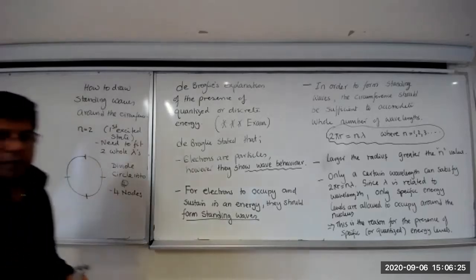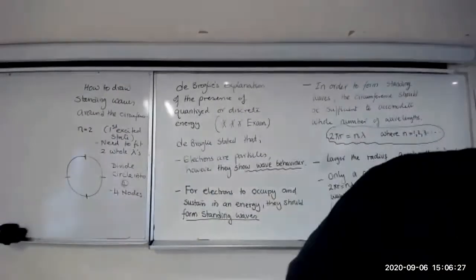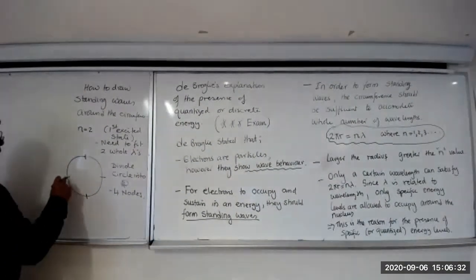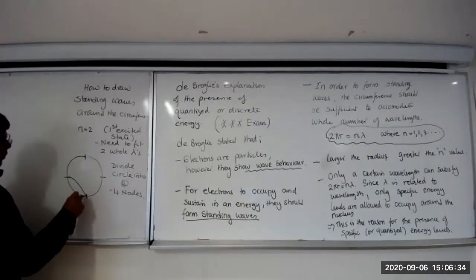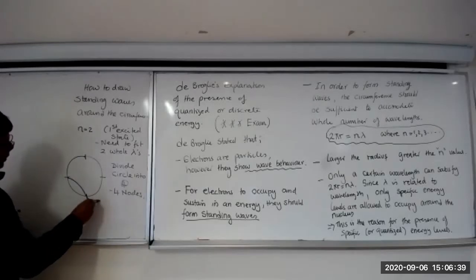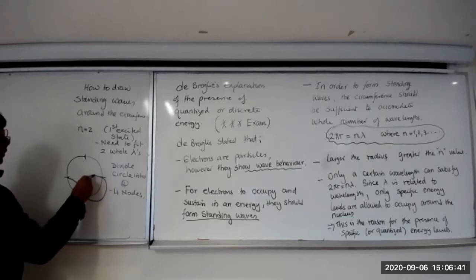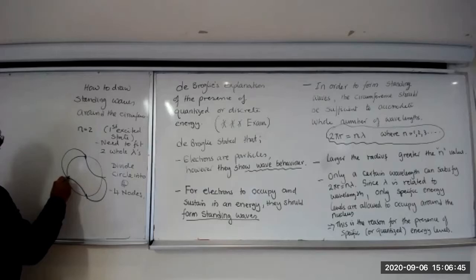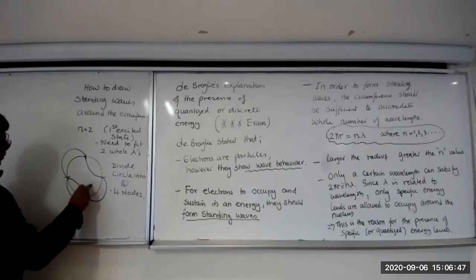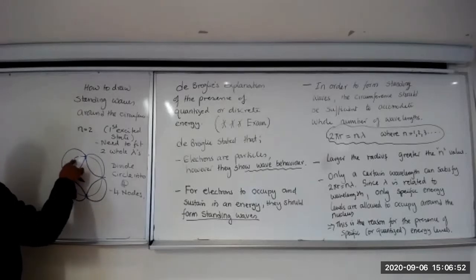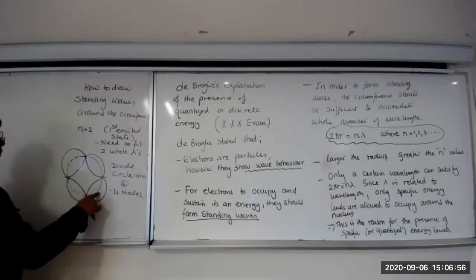You done that? That's half a wavelength. That's 1 full wavelength. That's 3/4. That's another wavelength. And then you can draw your standing wave around. You can get rid of the line, or maybe just keep a broken line in the center because the electrons are not moving there.